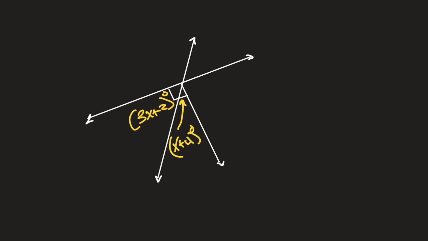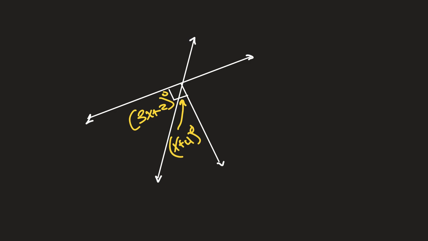Now this time, the two angles in question look like they do form a 90-degree angle. So we've got two angles that are going to be complementary, okay? Both angle measures are represented by expressions. We've got a 3x plus 2, and we've got another angle measure that's represented by x plus 4.